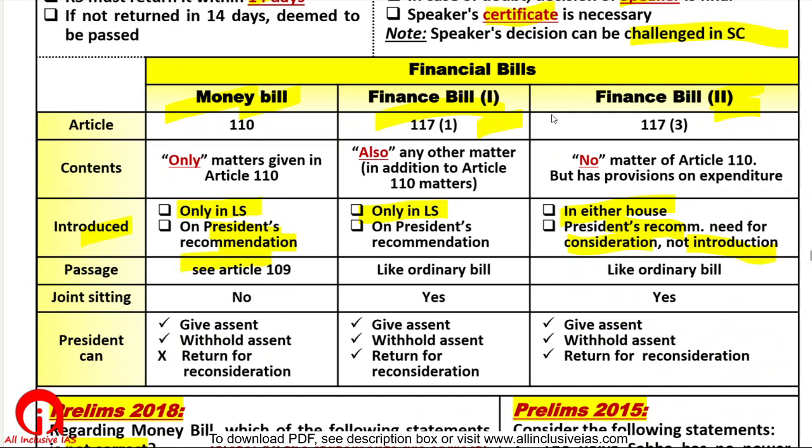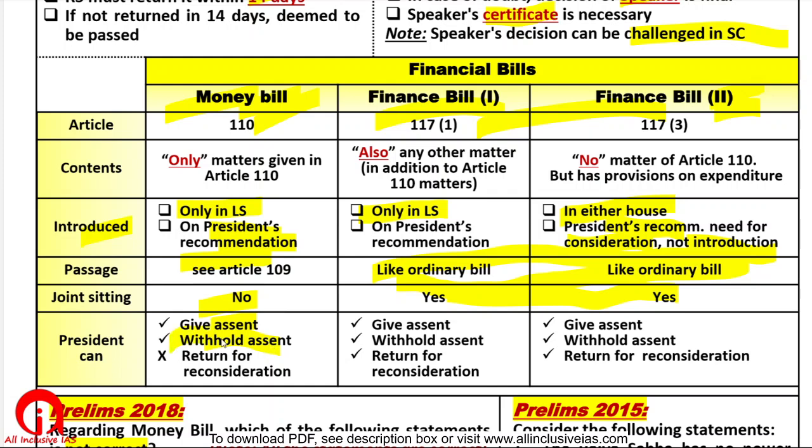However, finance bills are just like any other ordinary bill. Joint sitting is not permissible for a money bill. For the other 2, yes, joint sitting is permissible. Now, when a money bill has been passed by the parliament, then the president may give his assent or he may refuse to give his assent. Withholding assent does not mean that the president is delaying the matters.